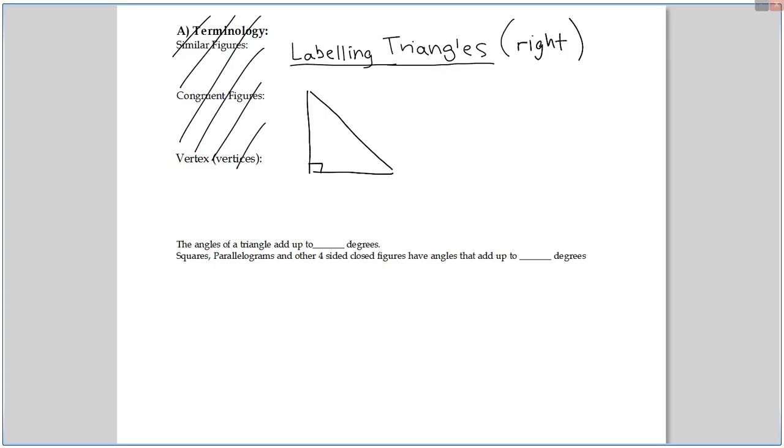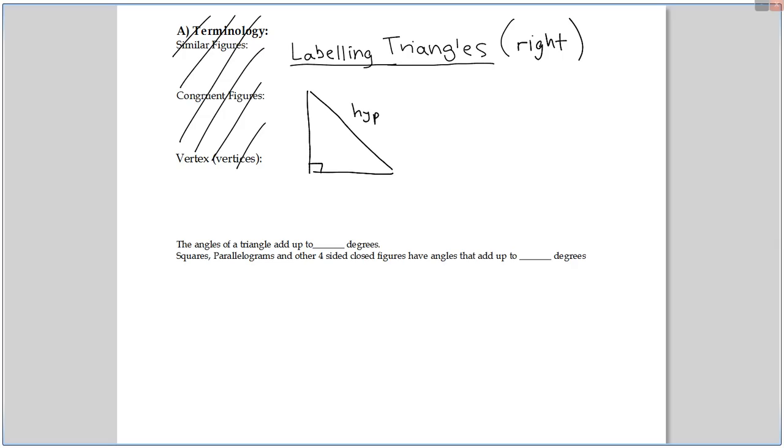Okay, so where's the hypotenuse? Good, across from the 90. So sketch in your hypotenuse. Good. Now there's only two other sides that are left to be labeled. And in trigonometry, these labels are absolutely critical.